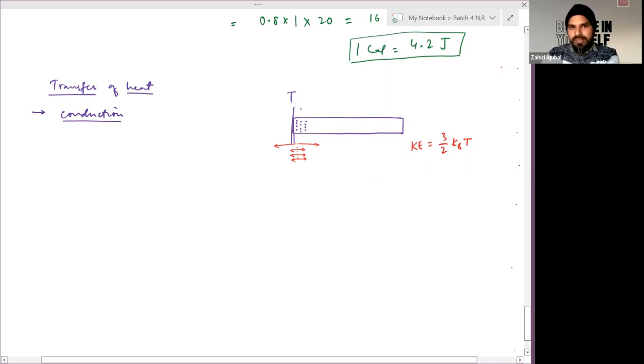They will collide with their neighboring particles, and during collision, they will transfer some of their energy to them. This transfer of energy will continue from one end to the other end. This process of transfer of heat is called conduction.